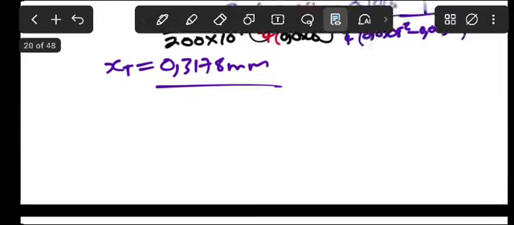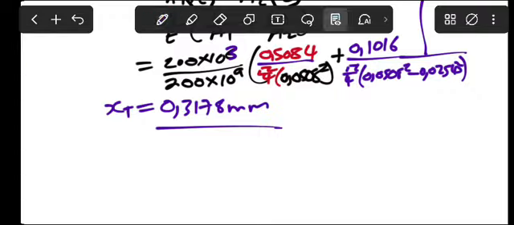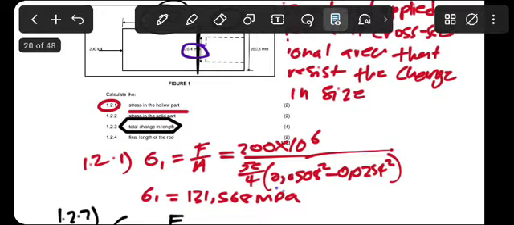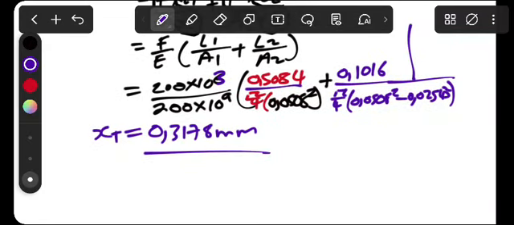Then we have now question 1.2.4, final length of the rod. We want the final length.